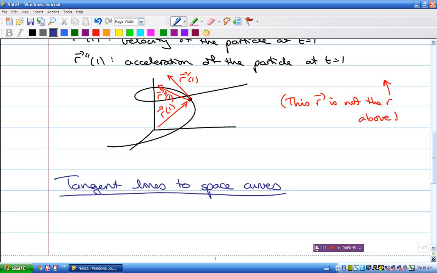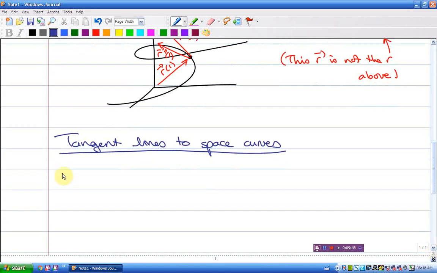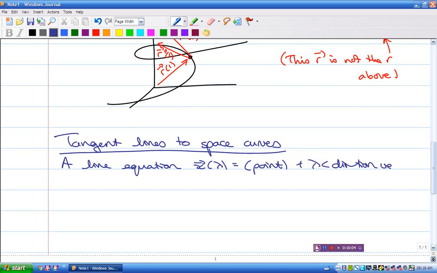Okay, tangent lines to space curves. A line equation, so, okay, that would be a typical line equation. Direction vector, there we go.